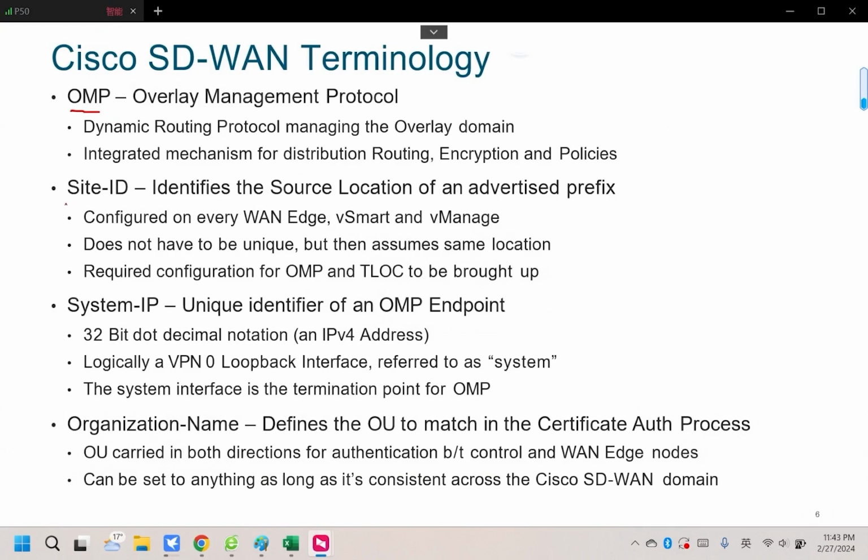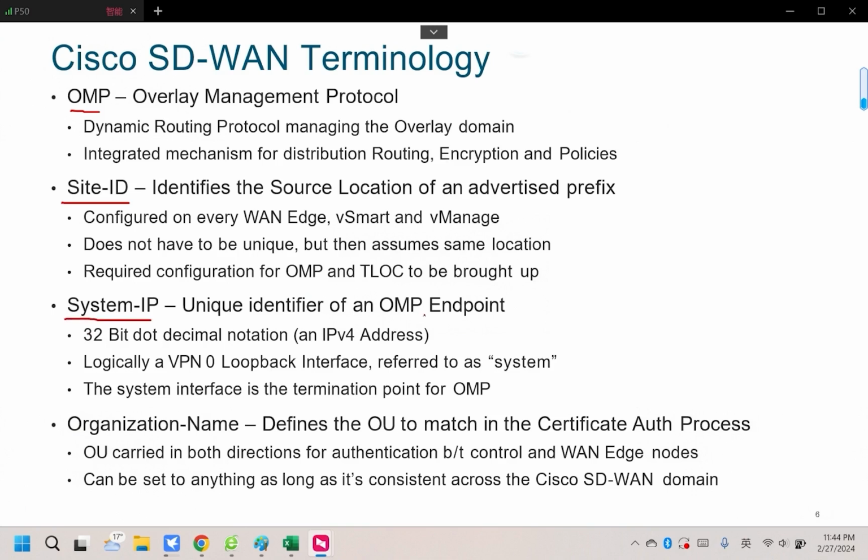Next, let's look at the site ID. Site ID is usually a string of numbers. We can easily refer to or invoke this number, similar to an access control list, for example, matching items to invoke to match the routes and policies we want to control. This site ID is just a string of numbers. Next is the system IP.